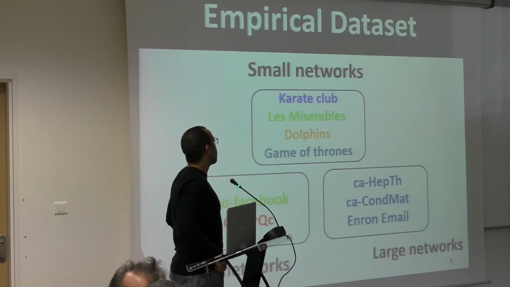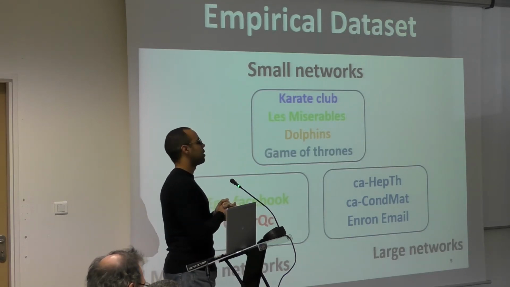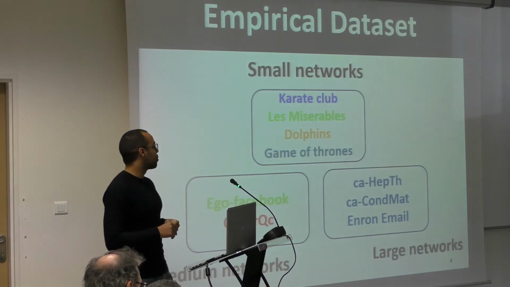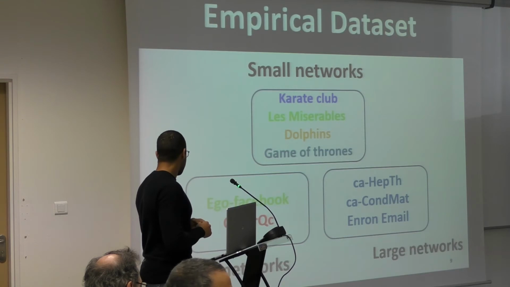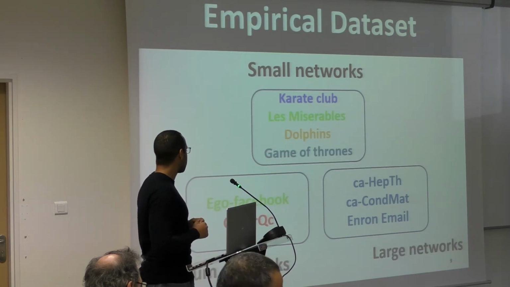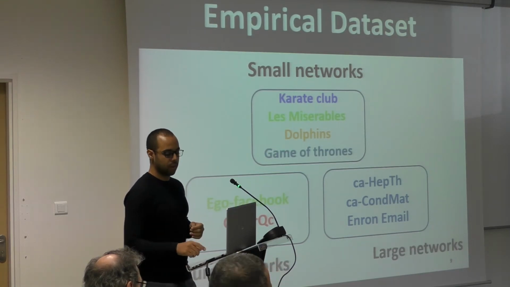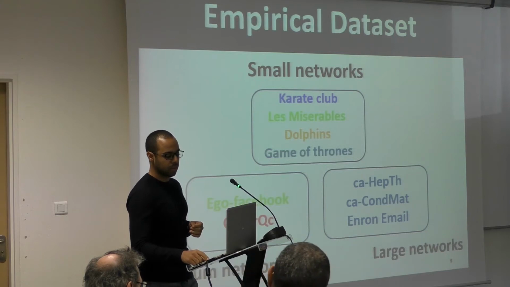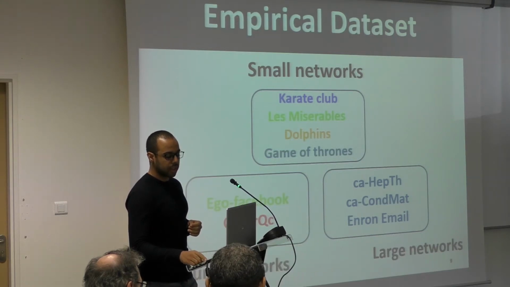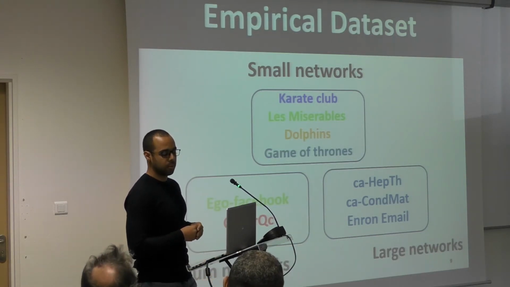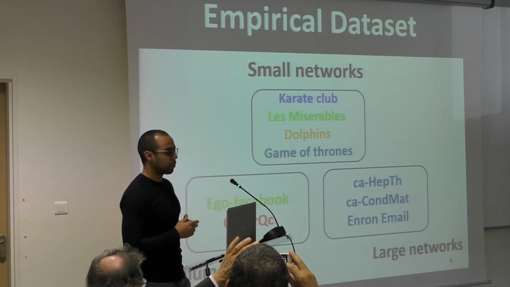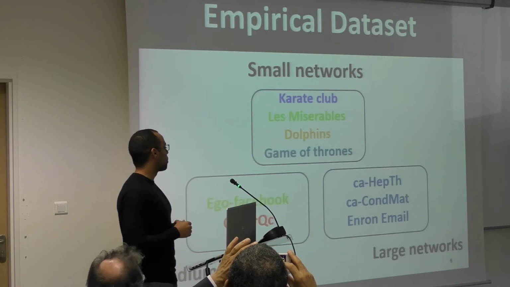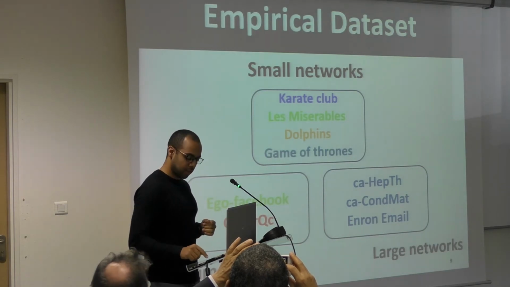In small networks, we use the Karate Club network, Les Misérables, Dolphins, and Game of Thrones. In medium networks, we use Ego Facebook and the Quantum Cosmology collaboration network. And finally, in large networks, we use the high energy physics and condensed matter collaboration networks, and finally the Enron email network.